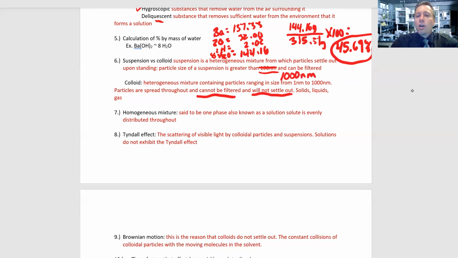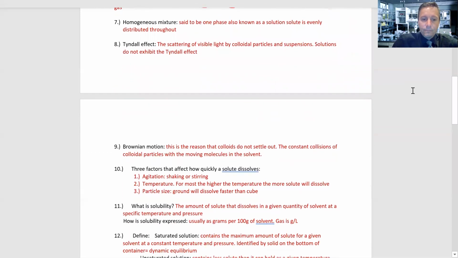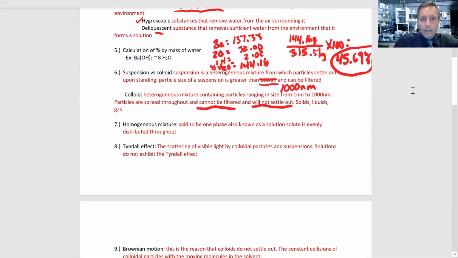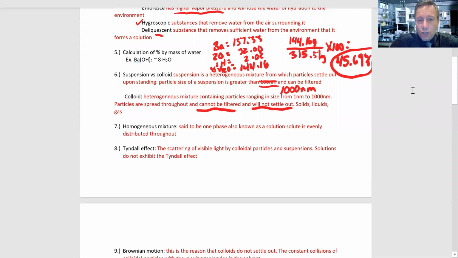So if you talk about a solution, it is said to be one phase. I'm going to just come right down here and write down solution.